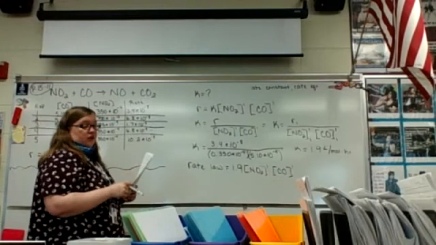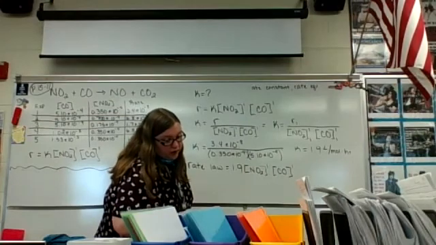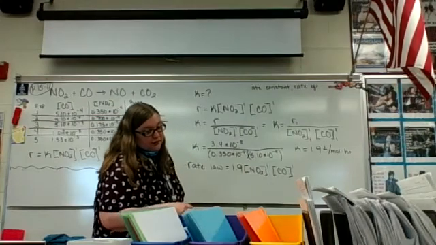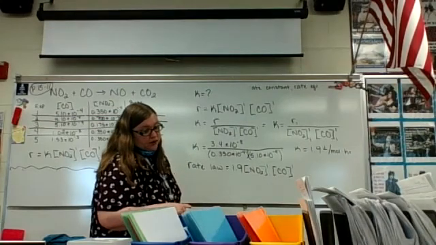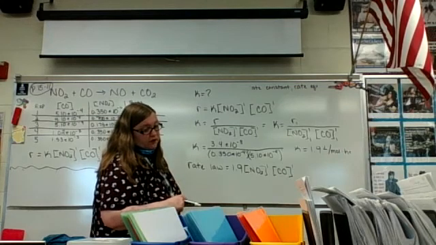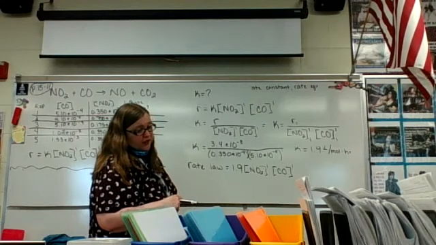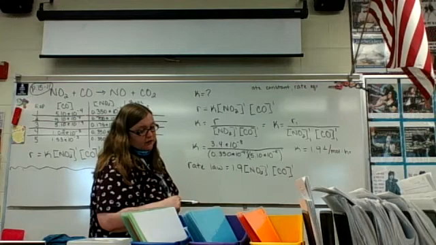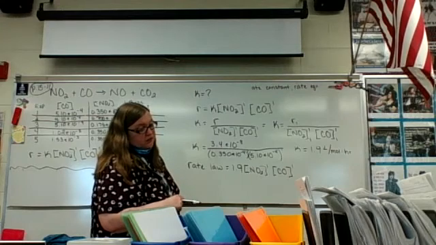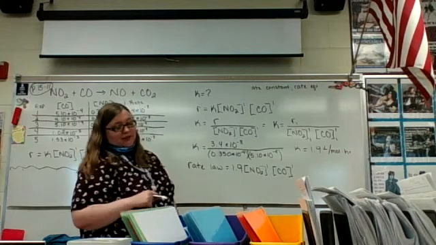B is asking you, using the rate equation and constant determined above, determine the initial rate of the reaction when the concentration of carbon monoxide is 3.8 times 10 to the negative fourth, and NO2 is 0.65 times 10 to the negative fourth. Very easy.